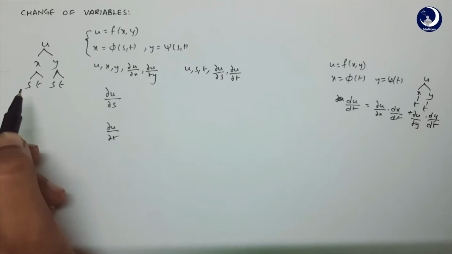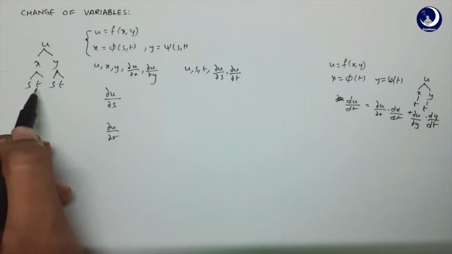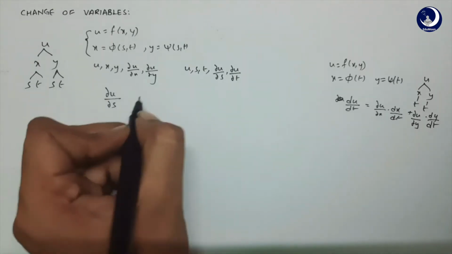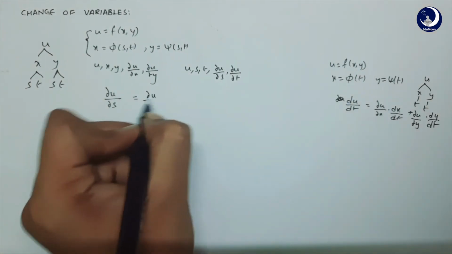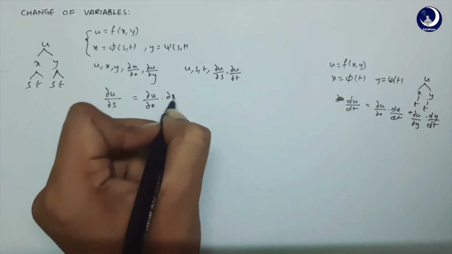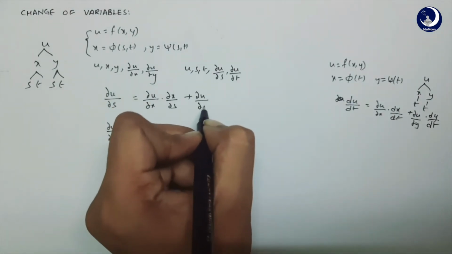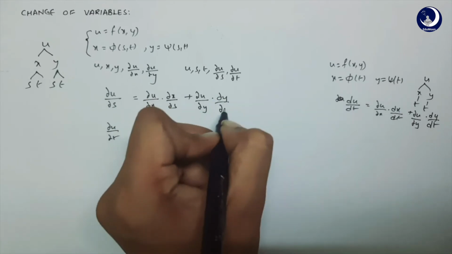So if I'm partially differentiating with respect to s, t is considered as constant. So considering t as constant here, what are the pathways to get from u to x? We have this as our first pathway, so that would be ∂u/∂x into ∂x/∂s plus ∂u/∂y into ∂y/∂s.